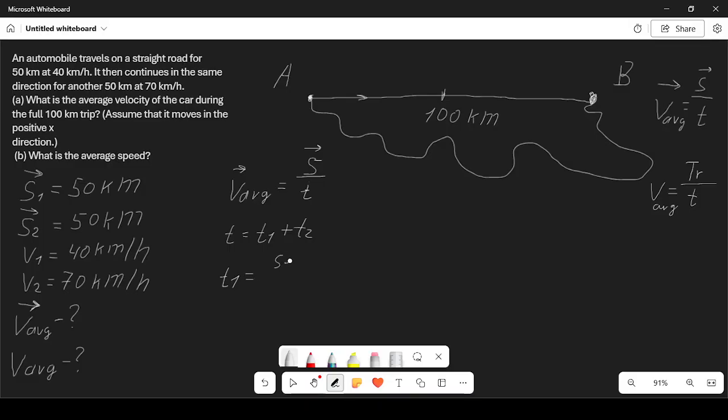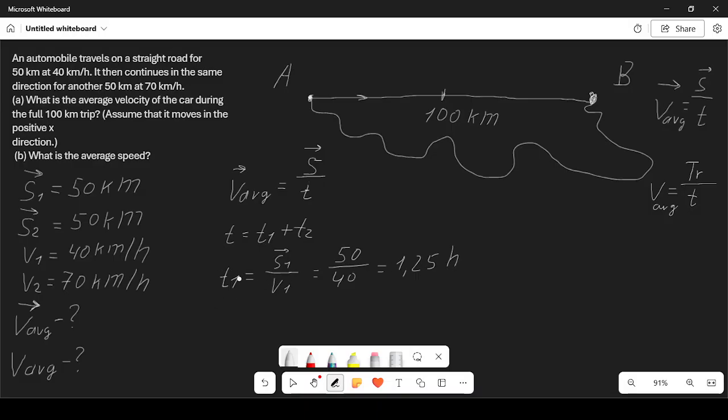It's the displacement itself divided by the speed during that displacement, v1. So displacement 50 kilometers divided by speed during this period, 40. So it's 5 divided by 4, it's 1.25 hour.